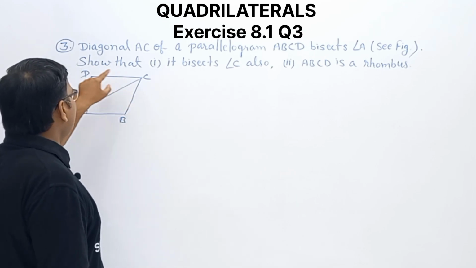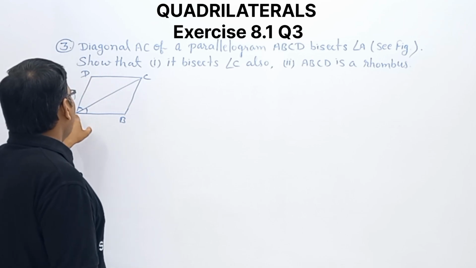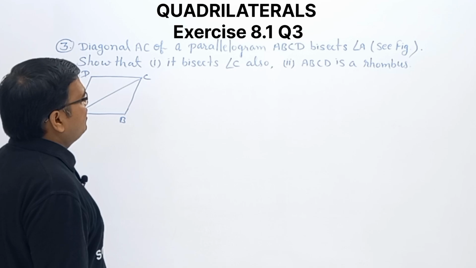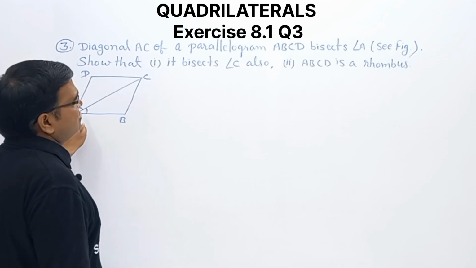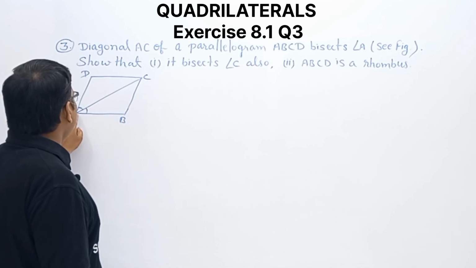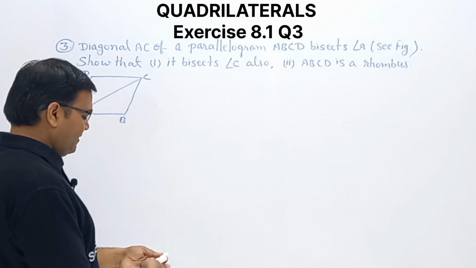This is the parallelogram. Its diagonal is AC, and diagonal AC bisects angle A.